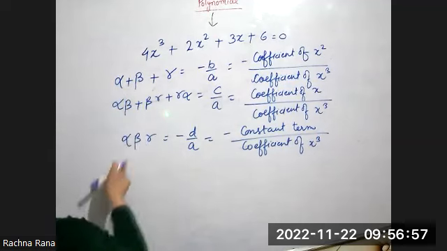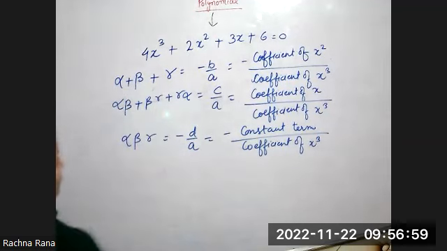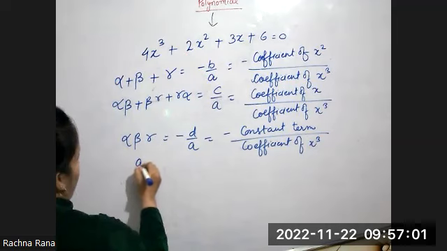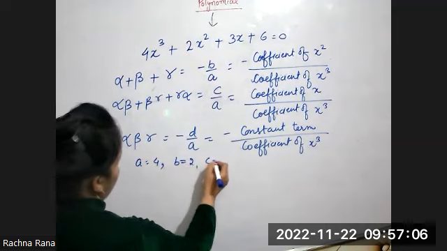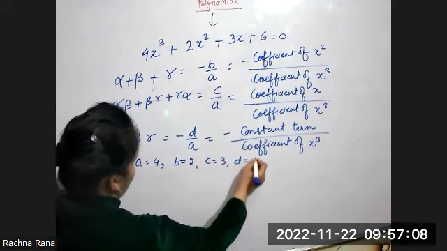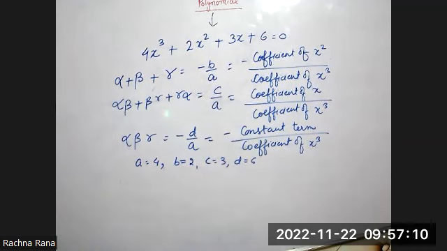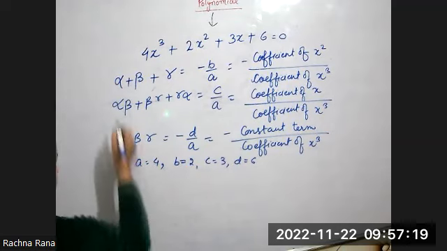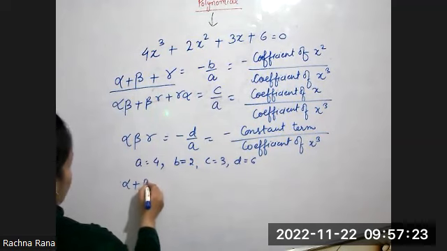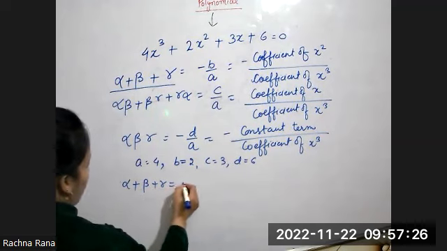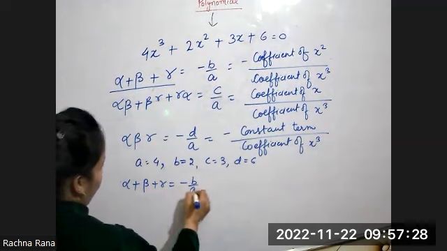For proving these formulas, we use this equation. We have given a is equal to 4, b is equal to 2, c is equal to 3, and d is equal to 6. These are the coefficient values of x raised to power 3, x raised to power 2, x and constant term. Now first, in this formula, we put alpha plus beta plus gamma equal to minus b over a.